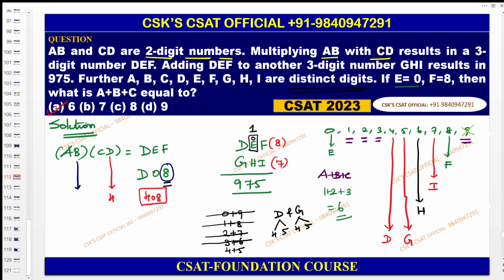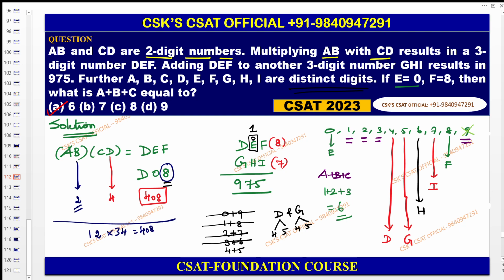B could be 2 only, since the unit place is 8, which means 4 is multiplied with 2, then only you can get it. So B you can directly assign as 2. So for the rest, 2 here, 4 here, what is left out? 1 and 3. You can place a 1 and a 3. Check here, 12 into 34, obviously it gives you 408.